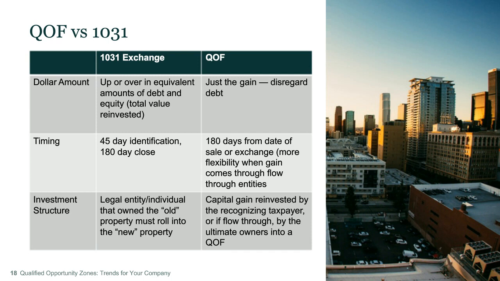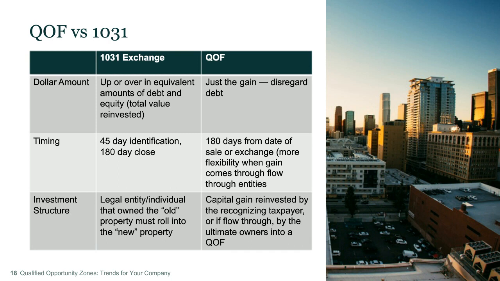So for those of you who have done these types of transactions, you frequently encounter tenancy in common type structures for this reason, because certain partners in a partnership don't want to all go buy something together, so they roll out into a tenancy in common structure. So the partners can separately do their own 1031 exchanges.